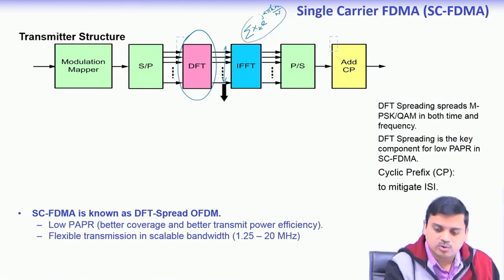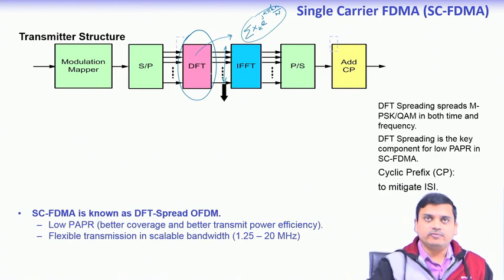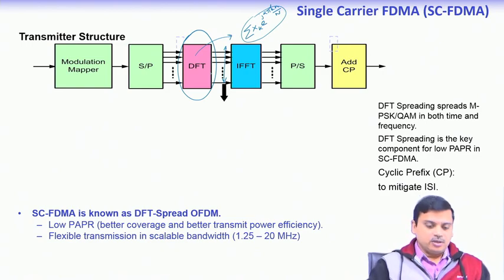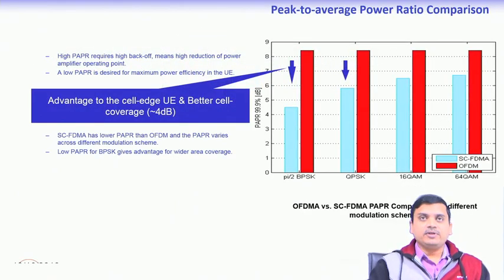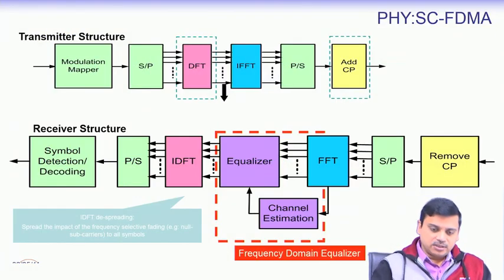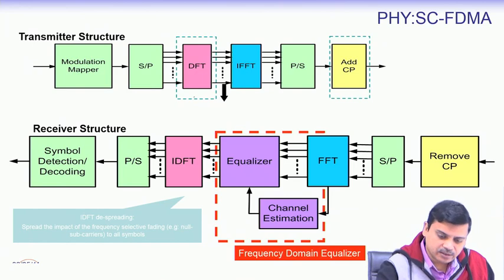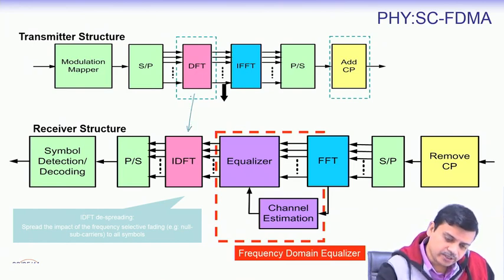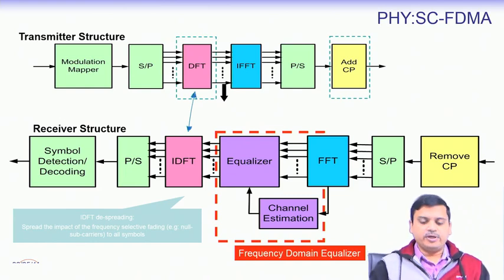In case there is coherent combining, this will remove the effect. So, with that, there is significant reduction in PAPR. We have also discussed this. We have discussed the transmitter receiver structure. The DFT operation at the transmitter is correspondingly undone with the help of an IDFT operation at the receiver. So, this is also very important.